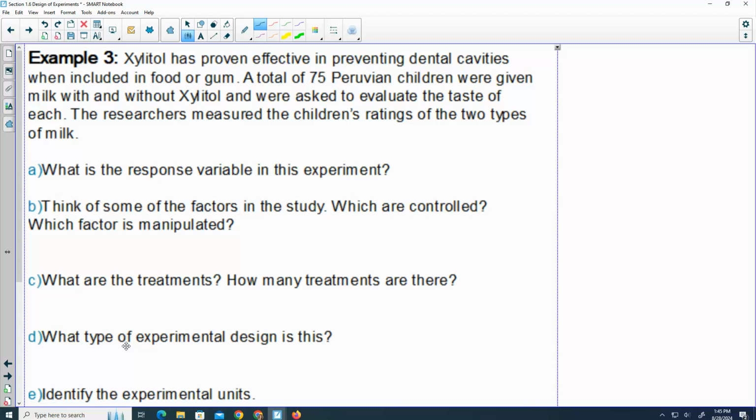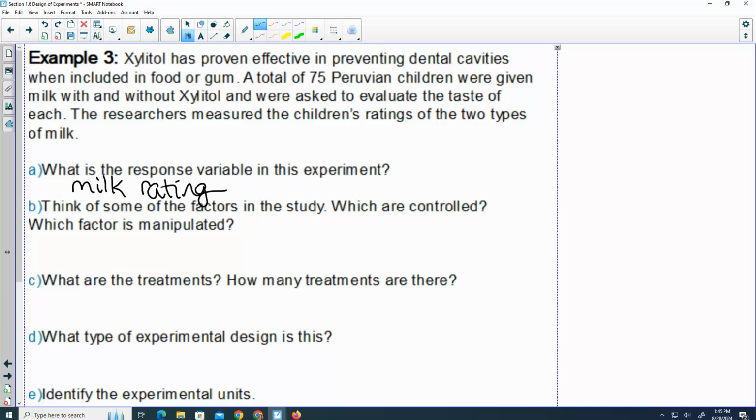What's the response? What are we looking at here? Yep. You want to know how they rate the milk? That's the response I care about. Okay, think of some of the factors in the study.